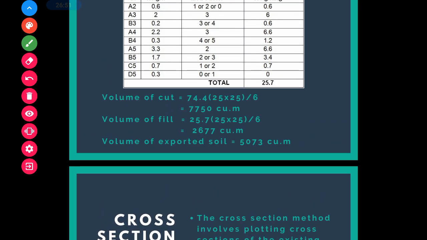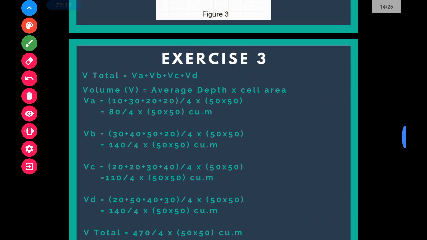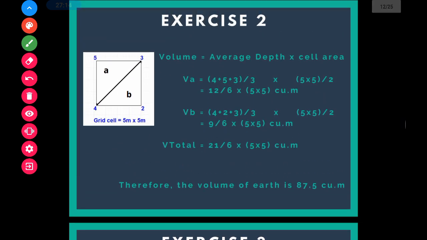I need to explain why you need to add this one here. Remember, the tabulated format is a simplified method of the grid method. This value originated from the above example. We look at exercise 2, which we solved using the triangle grid.